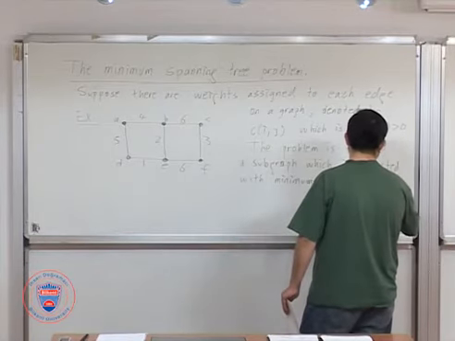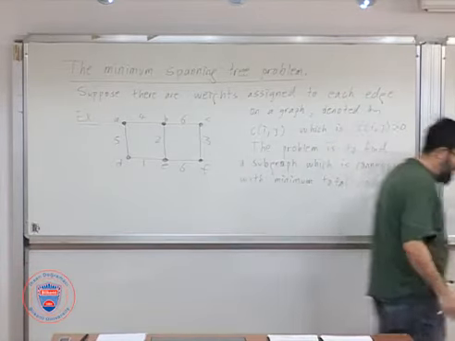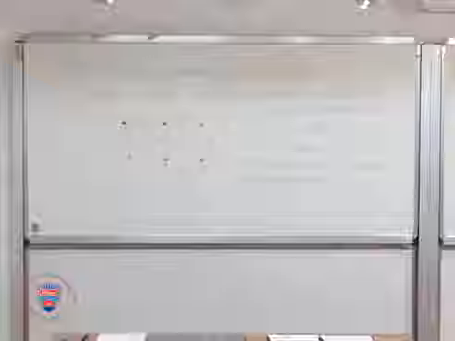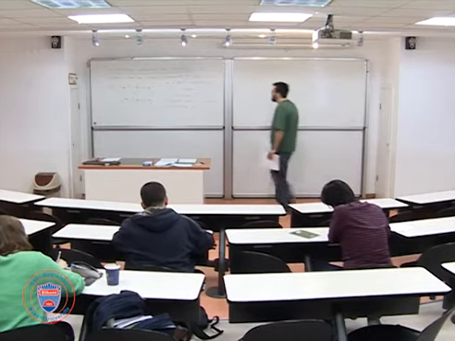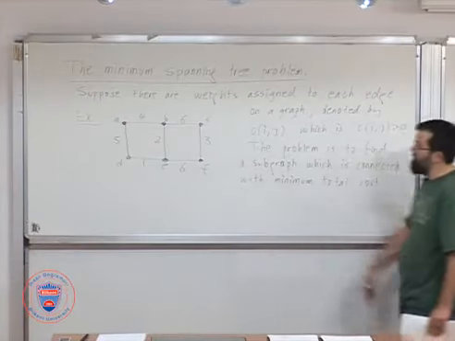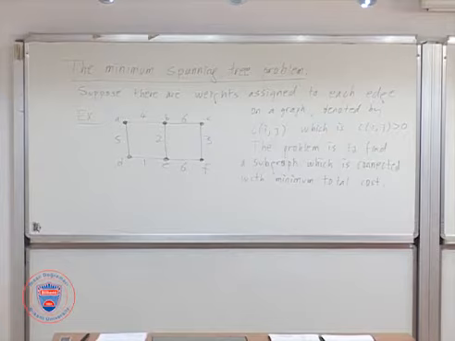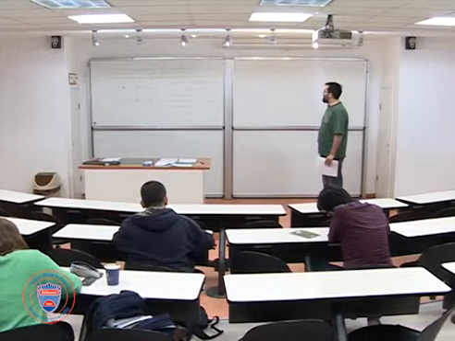And the one example I gave last time was, these vertices could be villages, and some roads are possible to build, and they have some cost attached to them, and you're trying to decide which roads to build so that all the villages are connected to each other with these roads.